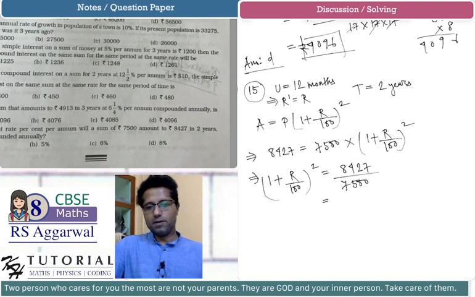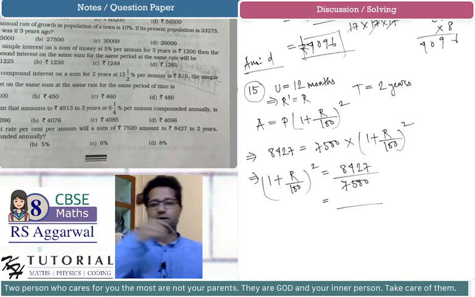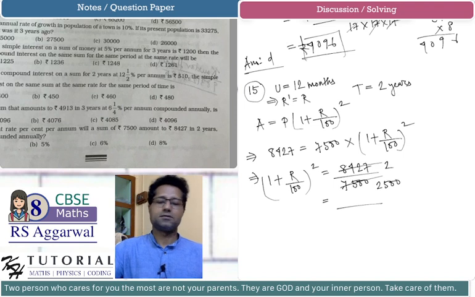Now the denominator 7500 is definitely not a perfect square, so there must be some kind of cancellation. What can be the cancellation? I think it will divide by 3. So if we divide by 3, 7500 becomes 2500, which is a perfect square, and the numerator becomes 2809.